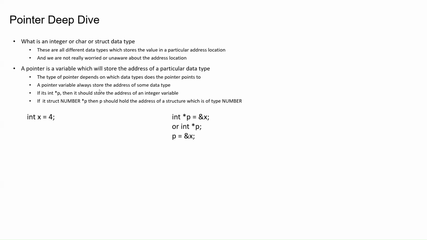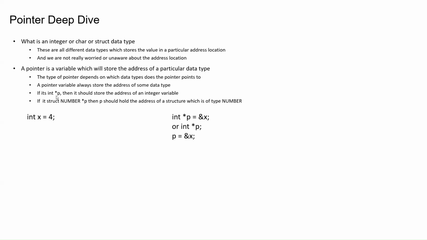A pointer variable always stores the address of the same data type. It cannot store the address of a different data type. What I'm trying to say is, if you have an unsigned int x variable, and then you have an int *p, it will not work.